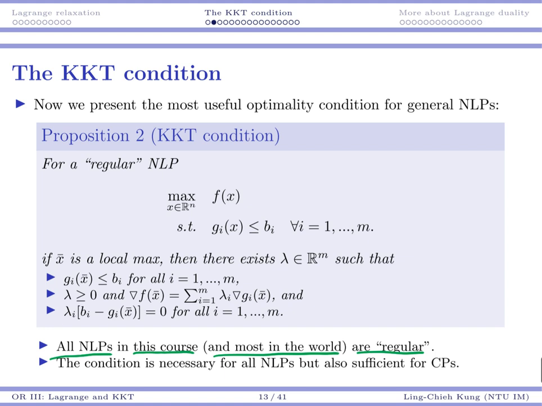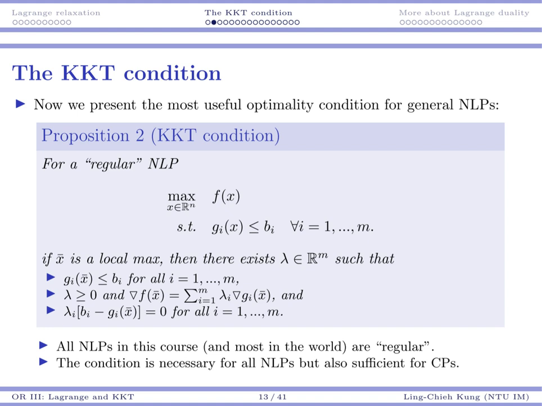But because these conditions are so easy to satisfy for practical nonlinear programs, let's ignore that part to make our life easier. If you are really interested in the definition of regular, you need to look for other advanced courses, but let's stop here. Let's just assume our programs are regular.